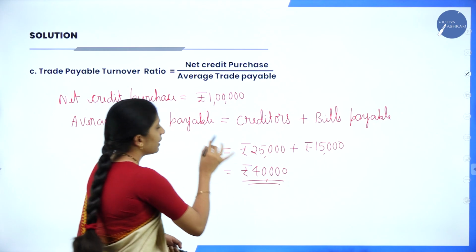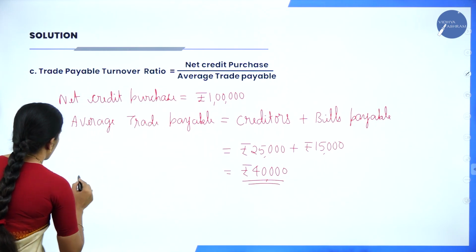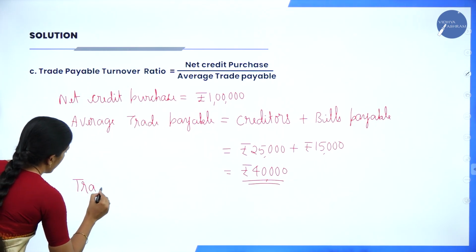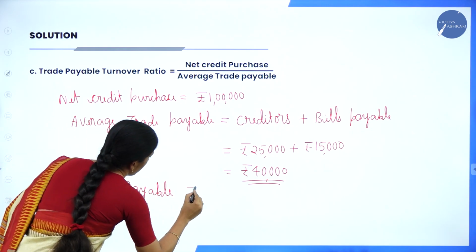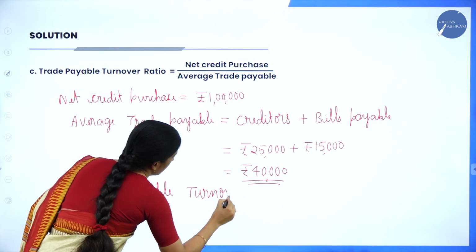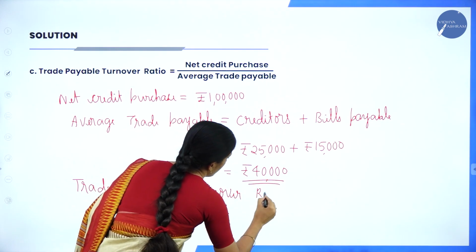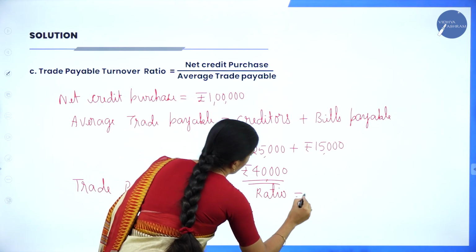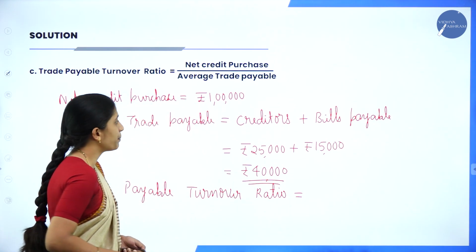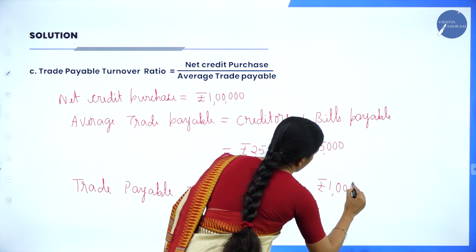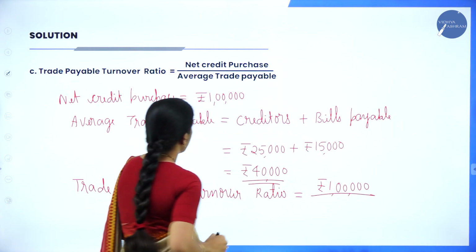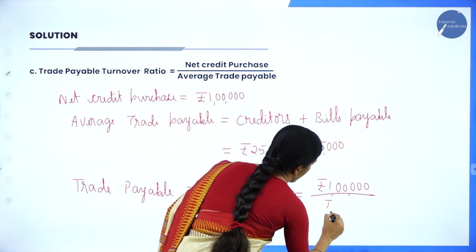Now, you can apply the formula. Trade payable turnover ratio is equal to net credit purchase, that is rupees 1 lakh, divided by average trade payable, that is rupees 40,000.